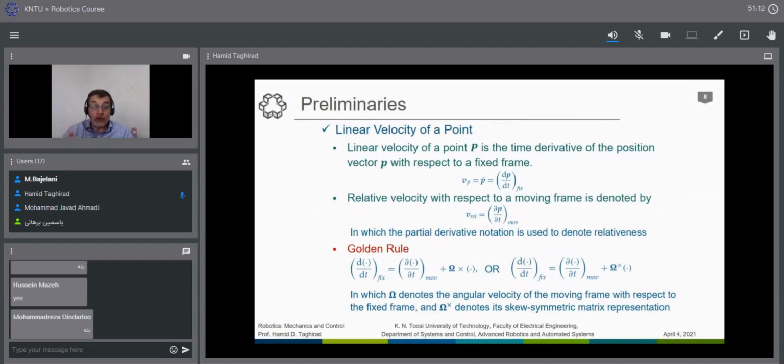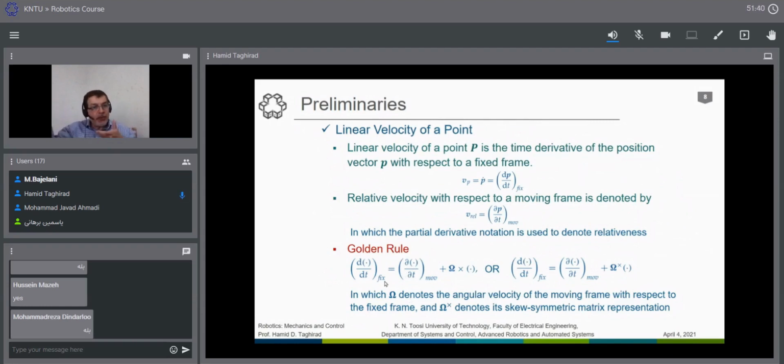Now, this golden rule, consider that. We use that several times in higher order differentiation. And why it is important for us to use the moving derivative, because usually we have a multiple number of links in a serial robot. It is very difficult to find the derivative of the last link with respect to the first frame.